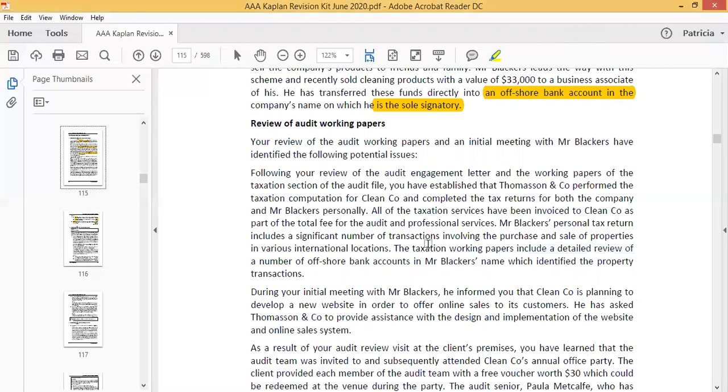Following your review of the audit engagement letter and the working papers of the taxation section of the audit file, you have established that Thomasson and Company performed the taxation computation for CleanCo and completed the tax returns for both the company and Mr. Blackers personally.